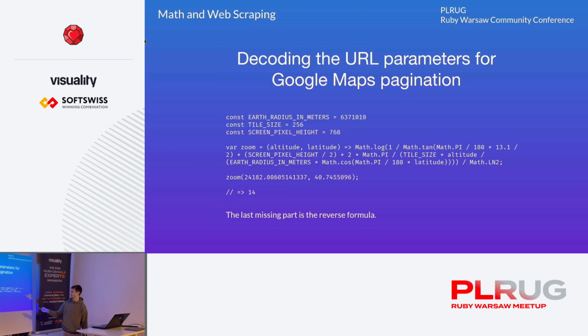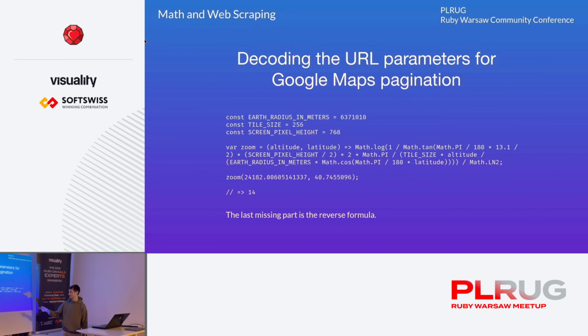Google uses Earth radius in meters. Also, there is a tile size: Google Maps uses 256 pixel square tiles for its maps, and it also uses pixel screen height for its formula.